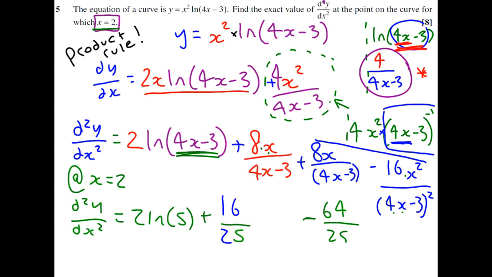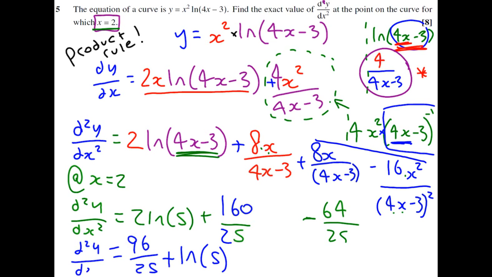So we're going to be doing 160 minus 64, which gives us 96 over 25 plus 2 ln 5 as our final answer in exact form. If you use your calculator to get a decimal, you do not get all the marks, so don't do it.